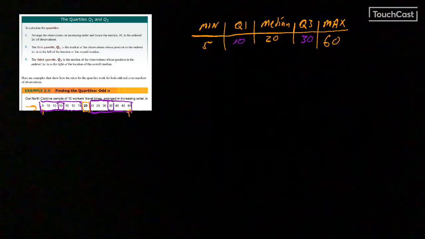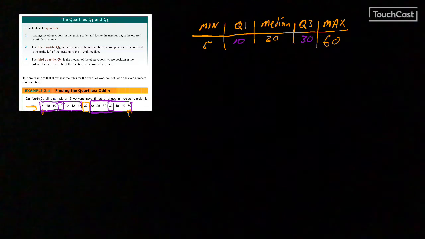The next step is to talk about how we would figure out where outliers might be, or what we would consider to be an outlier. The way we do this is we apply the IQR rule. The IQR, if you recall, is the difference between Q3 and Q1.